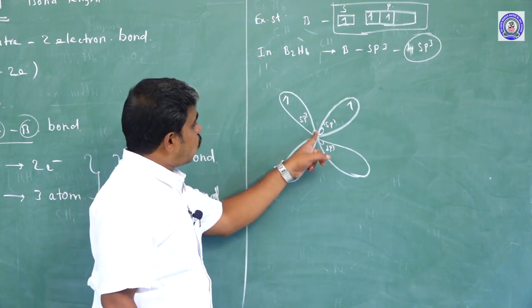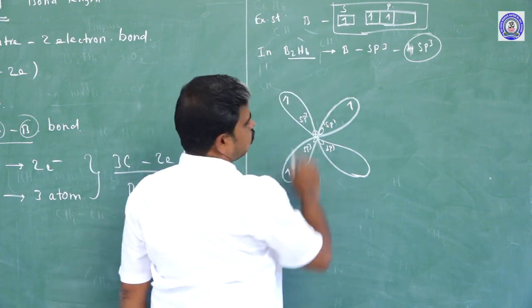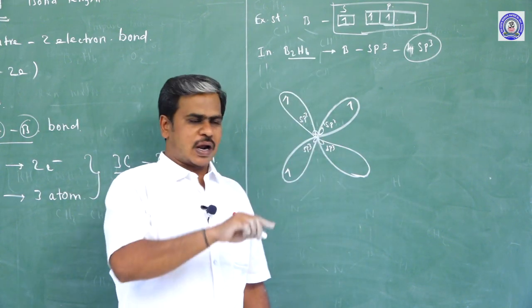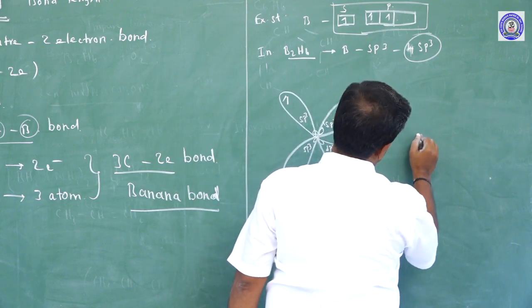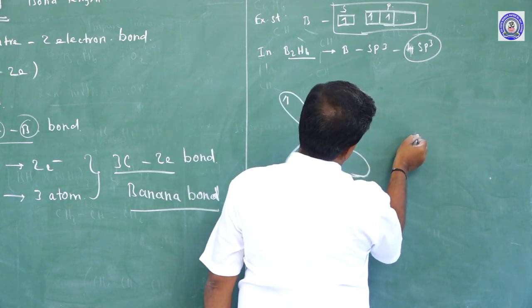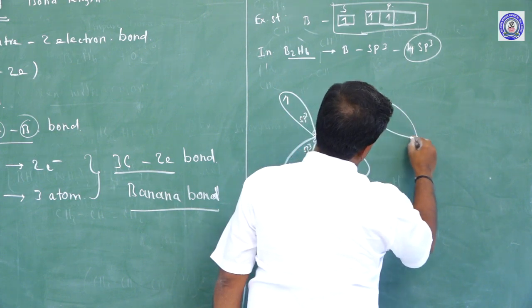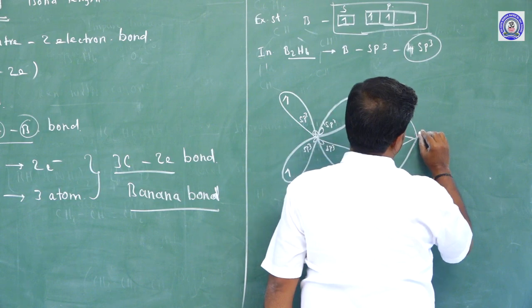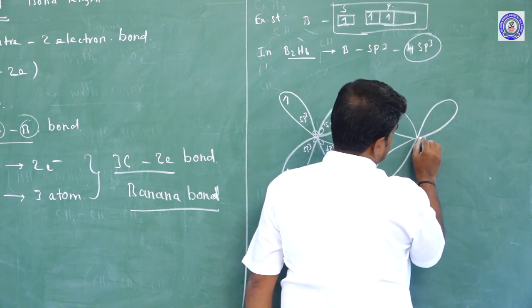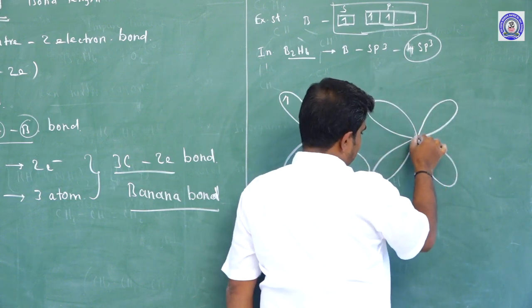And it is for 1 boron, but here it is B2H6, so 2 boron atoms are there. So we take one more boron atom, with sp3 hybridized orbitals.